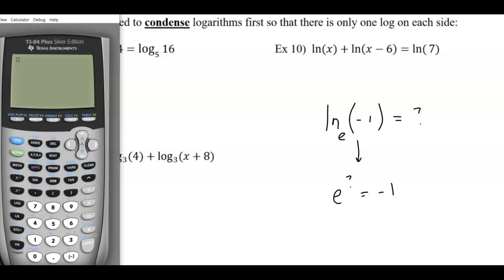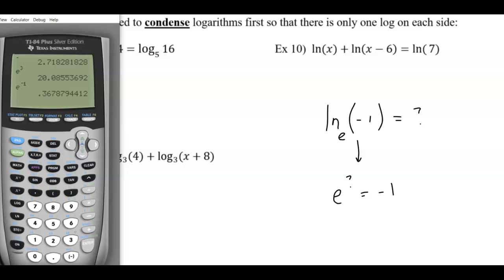So for example, e is just a number. So e to a positive power, that's not possible to get a negative. We know even a negative exponent, so if I did e to the negative first power, that just makes it smaller. We know that a negative exponent moves the number to the bottom of the fraction. That makes it even smaller. So it's not possible to raise a positive number to any power and get a negative answer.